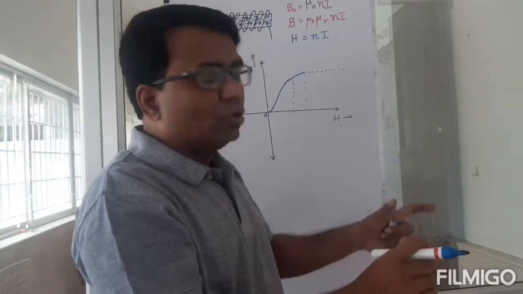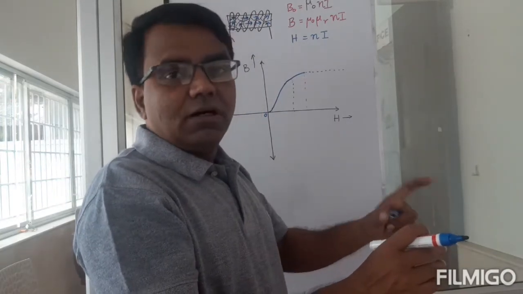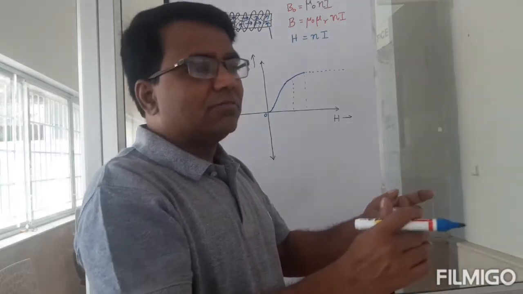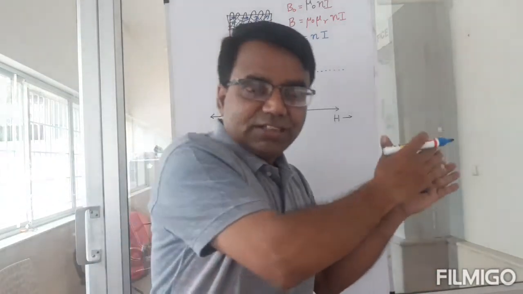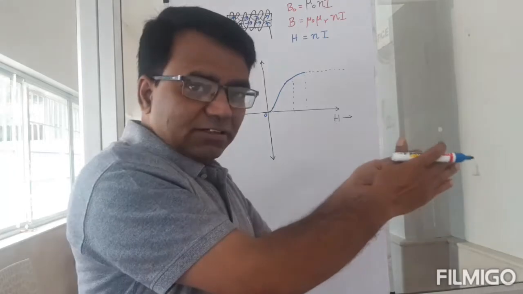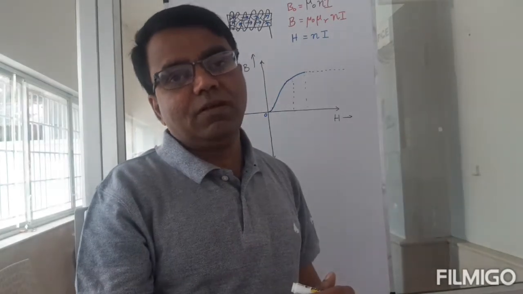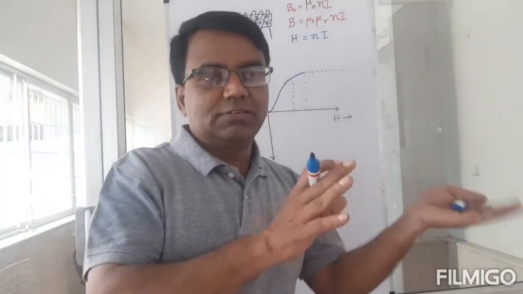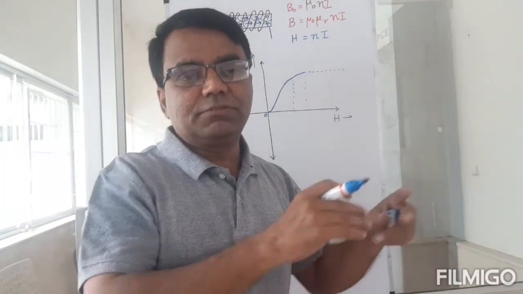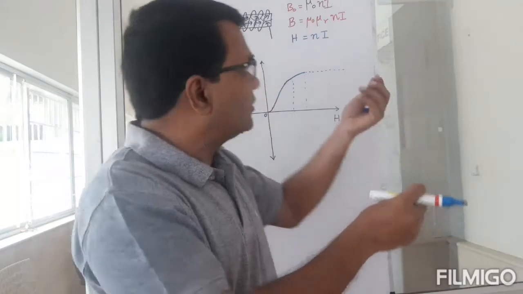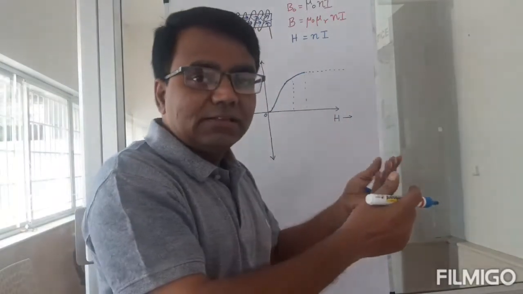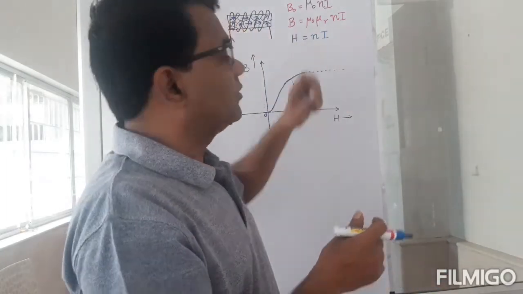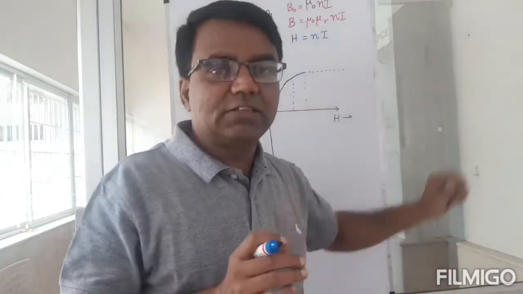So even if we remove the current, they'll try to stay in that position. Some of the domains, because of the way that you remove the current and because of other effects, may get disoriented, but most of them will remain in their position.